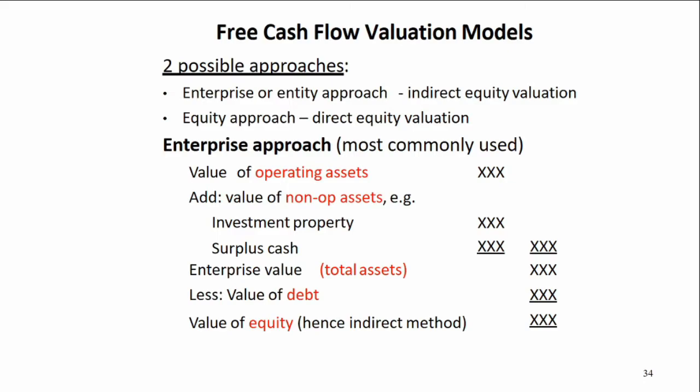This is basically the value of all of the assets in the company. But our aim here is actually to value equity. So how are we going to get from the enterprise value to the value of equity? We will have to minus the market value of debt.